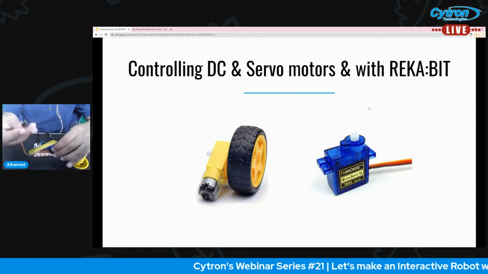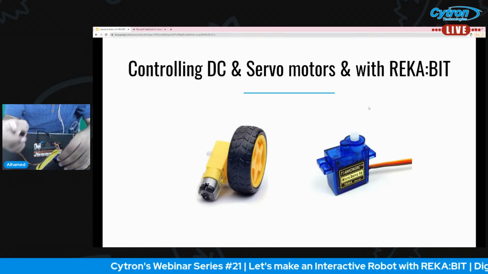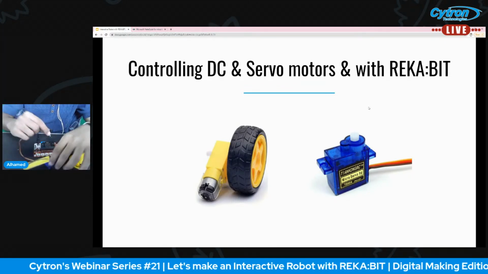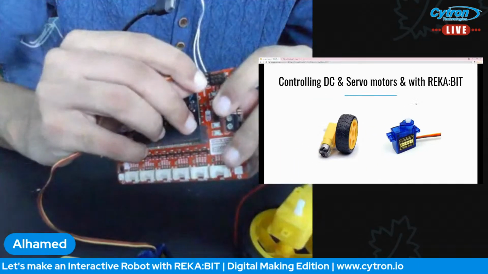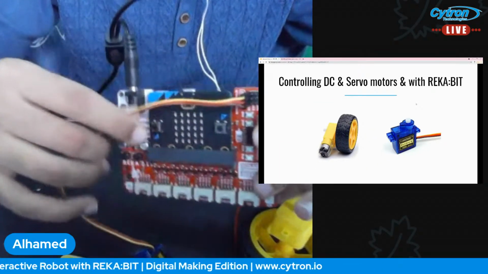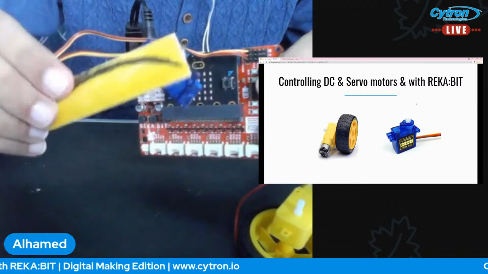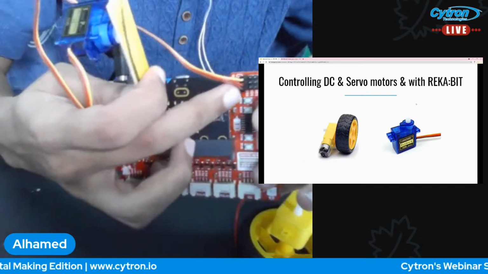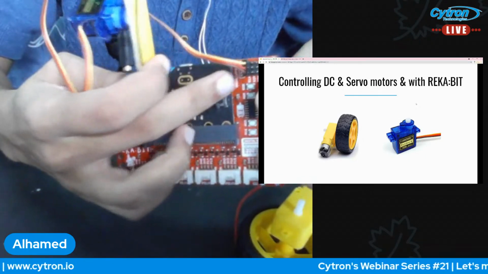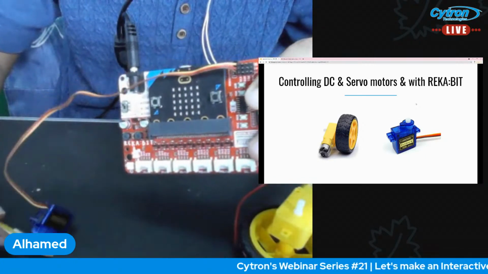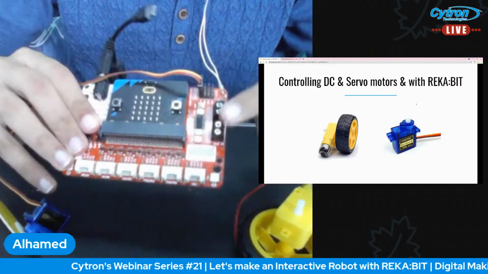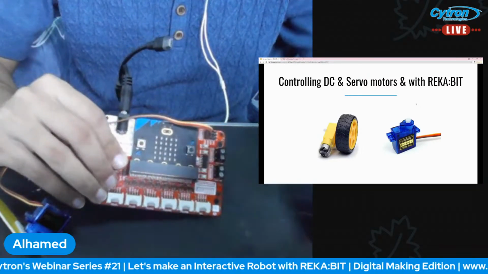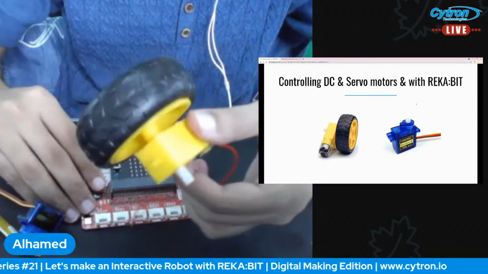So I will connect the servo motor to the first servo port over here, this way. For the DC motor we have two terminals. I will use the first one to connect the DC motor.